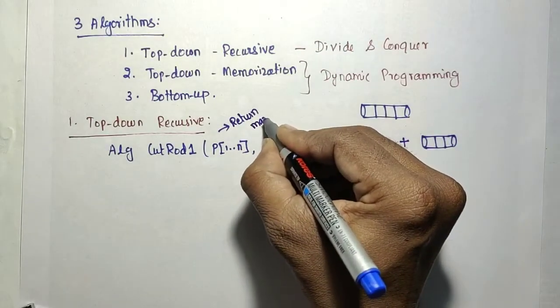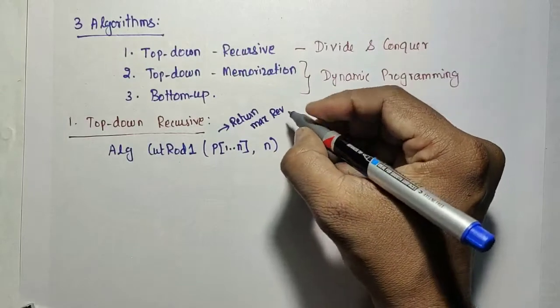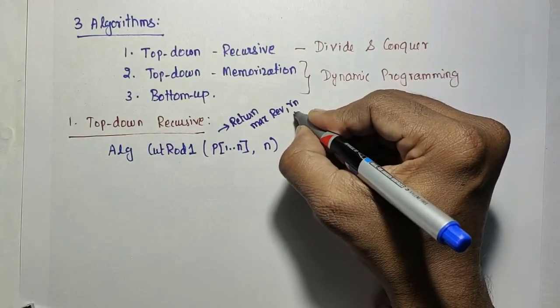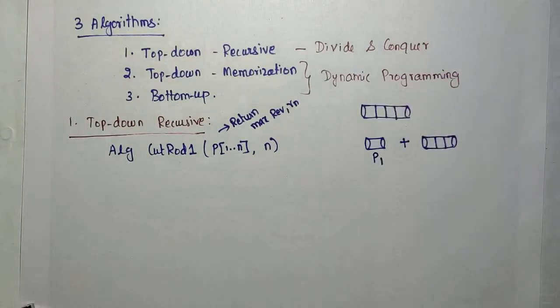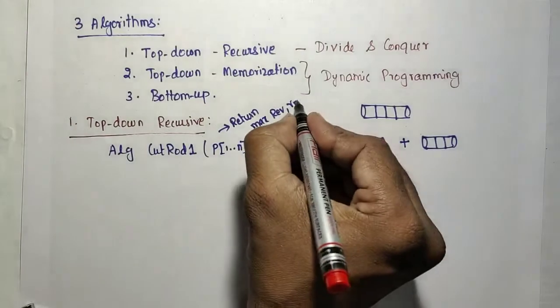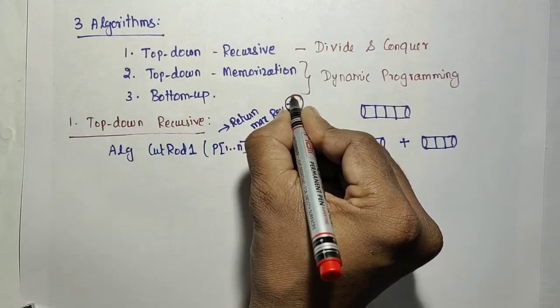This returns the maximum revenue Rn for an n-inch rod. So this algorithm returns that Rn, the n-inch rod maximum revenue.